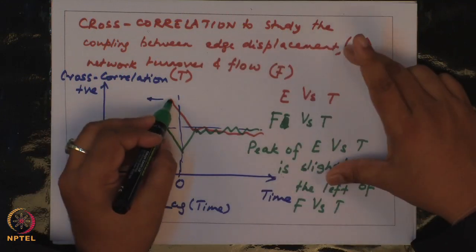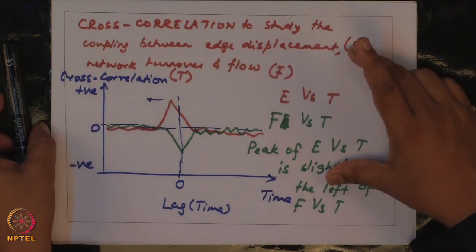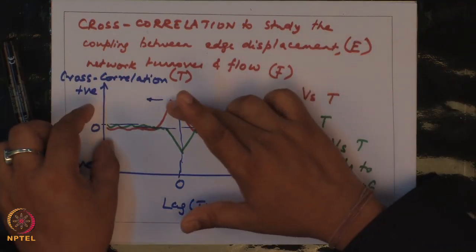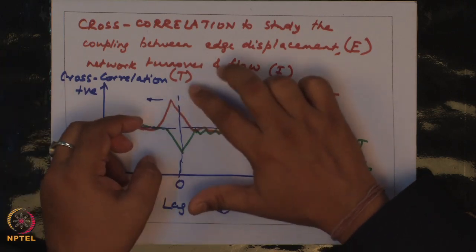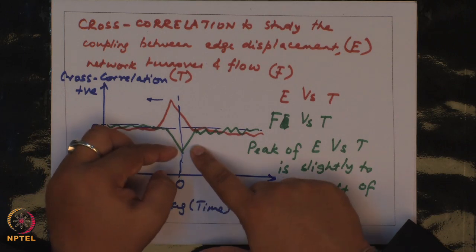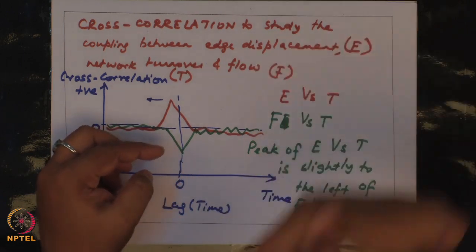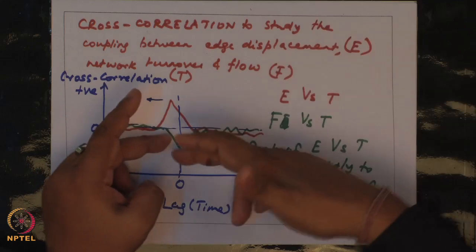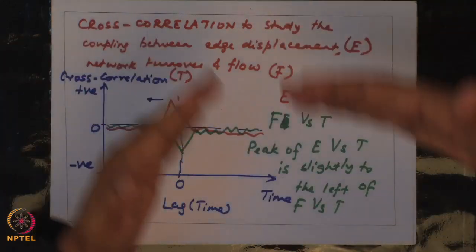That polymerization event is first pushing the membrane, or in other words edge displacement is positive. So, you have this positive correlation in the red curve. Immediately after that, there is a negative correlation between F versus T. So, turnover is positive, so you have a polymerization event, and flow is negative, which means that there is retrograde flow.